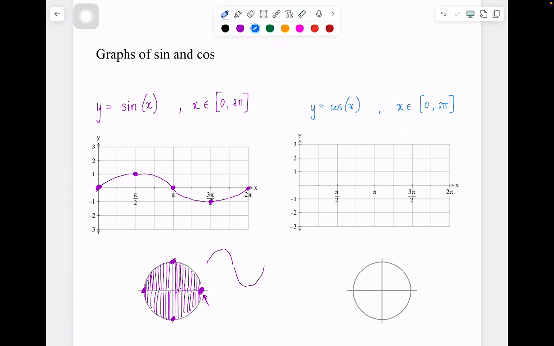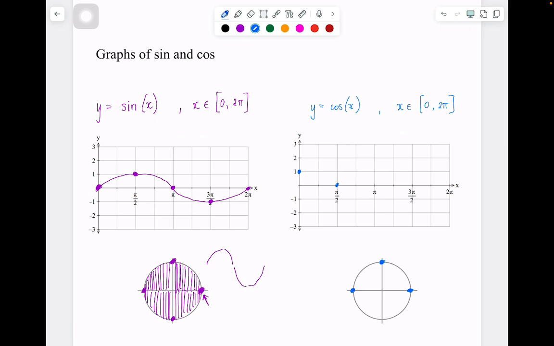Next, we will look at the graph of cos of x between 0 to 2 pi. Now, cos in the unit circle measures the x value. So if we look at the x value at an angle of 0 radians, which is this point here, the x value there is 1. As we continue around the unit circle, you'll see that the x value at pi on 2 is 0.